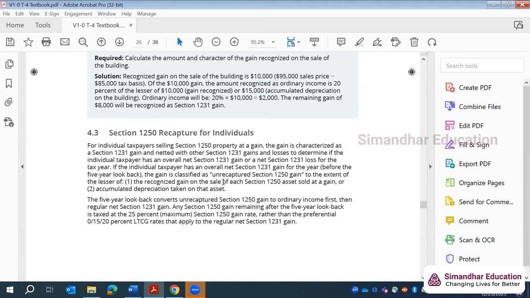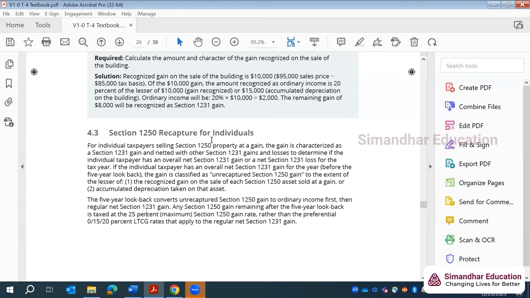Okay. And there is also a look back rule. Remember the 5 years look back rule? The 5 years look back rule converts the uncaptured Section 1231 gain to ordinary income first and then to regular Section 1231 gain. Why do we have so many things when it comes to individuals? The reason is that for individuals, ordinary gain is taxed at a higher rate.